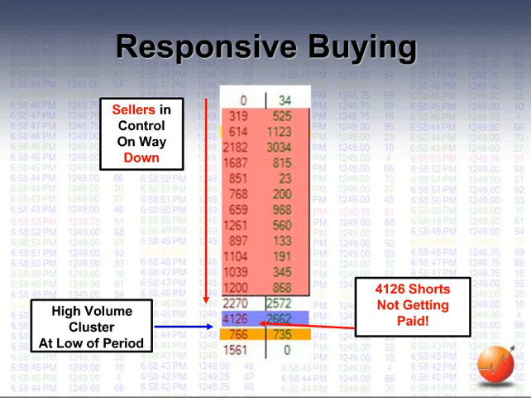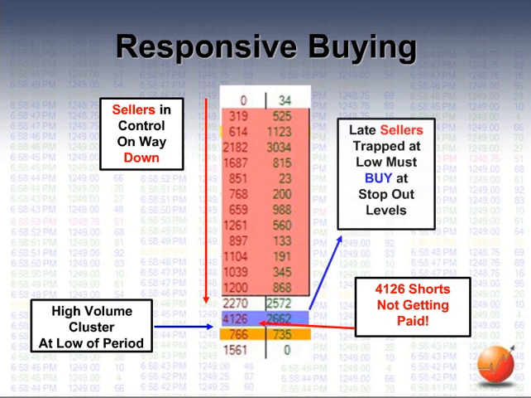Okay? So we have this imbalance down here where we have a lot of shorts and they're not getting paid. And we know that it's not going to take very much for them to get antsy about it. You know? For the most part, we'll expect that a novice retail trader will be using somewhere between a 1 and a 2 point stop, usually about 1.5 points. It's all they can take, and particularly when you sell the low.